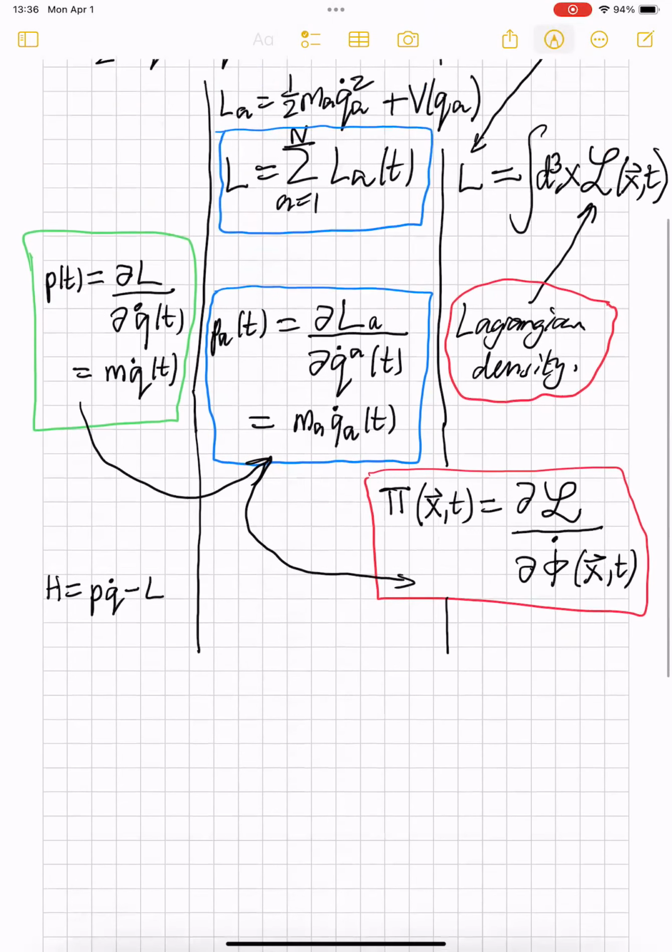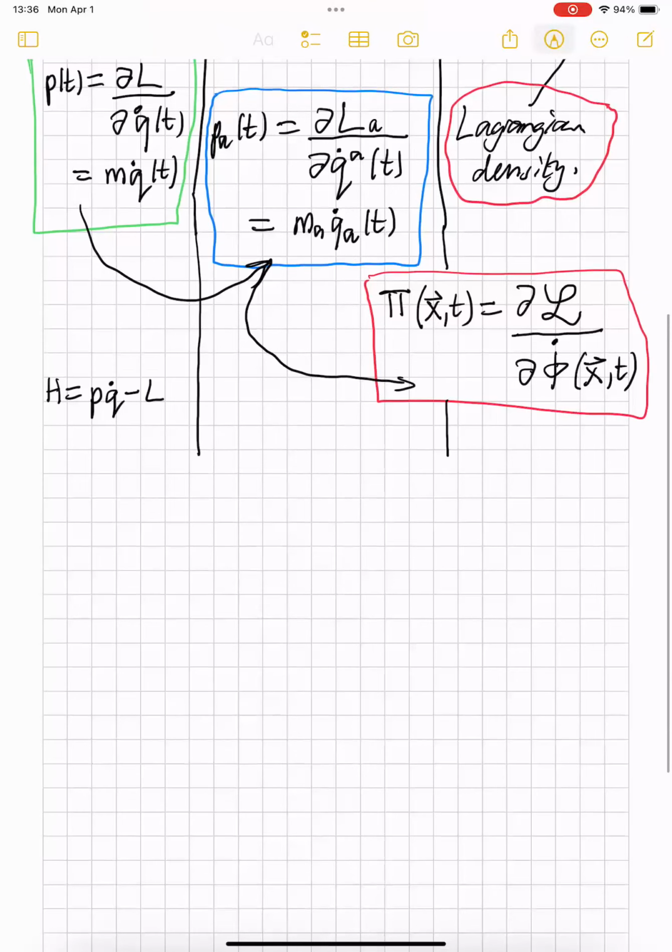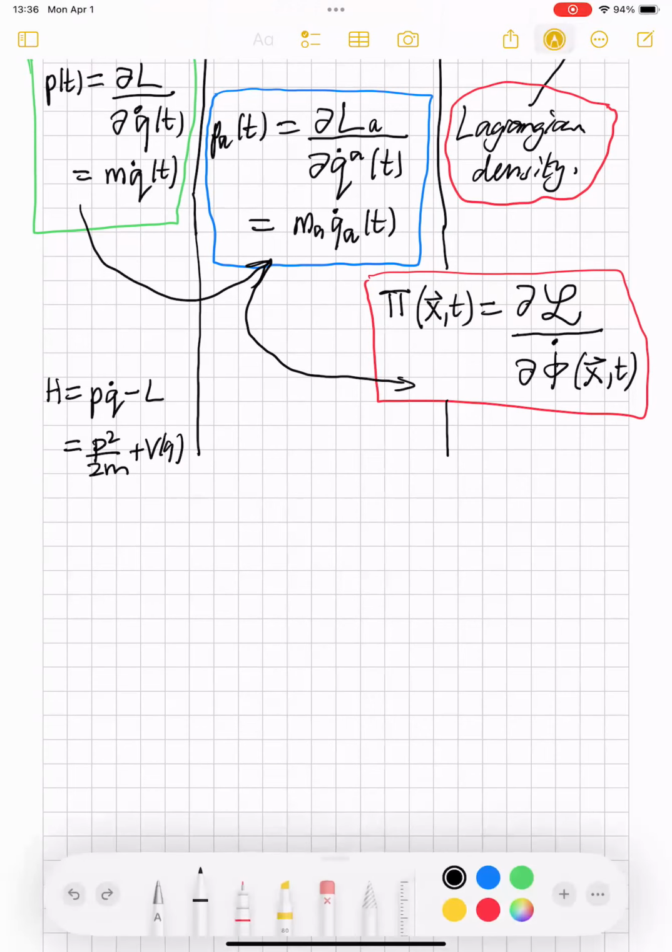It's an exercise that you've done before. And this was equal to p squared over 2m plus V of q. Remember, this is the answer that we got previously, and it just shows us that the Hamiltonian is nothing but the total energy of the system.